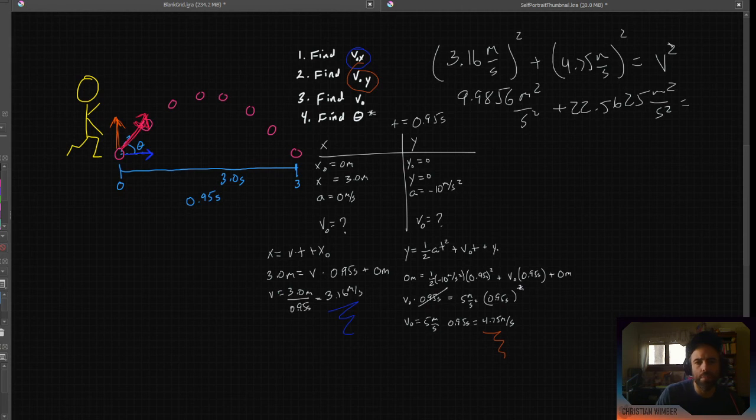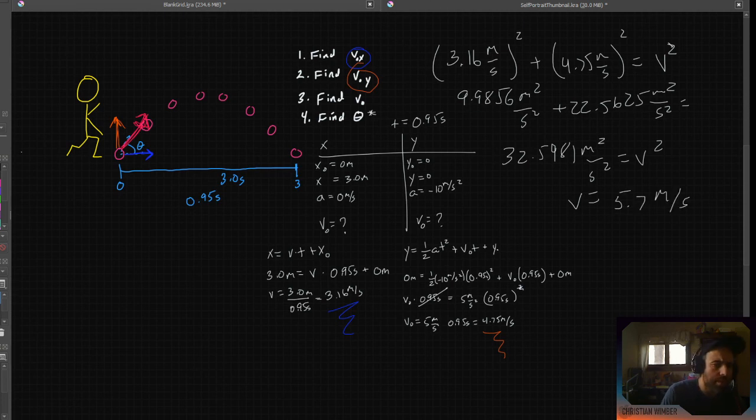I get a total of 32.5481. That will be equal to v squared, therefore v ends up being 5.7, which again seems pretty entirely reasonable. So here our total velocity overall seems to be 5.7.